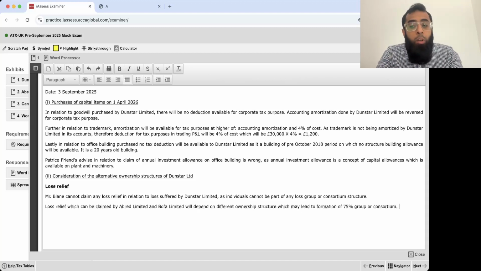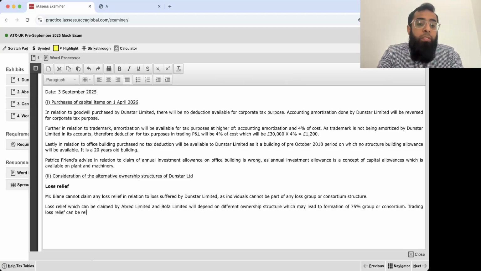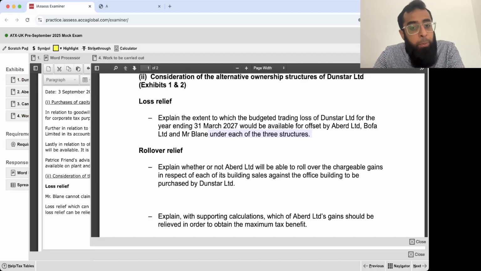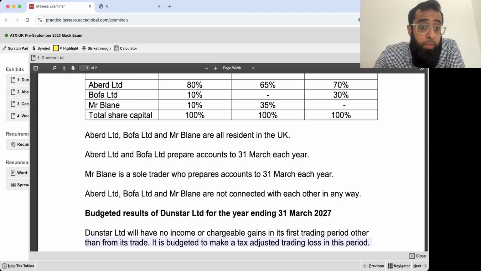Trading loss relief can be relieved through a 75% group or consortium to other companies. First of all, we excluded Mr. Blaine from this debate. Now, for Abrid and BOFA Limited, it will depend on different ownership structures.